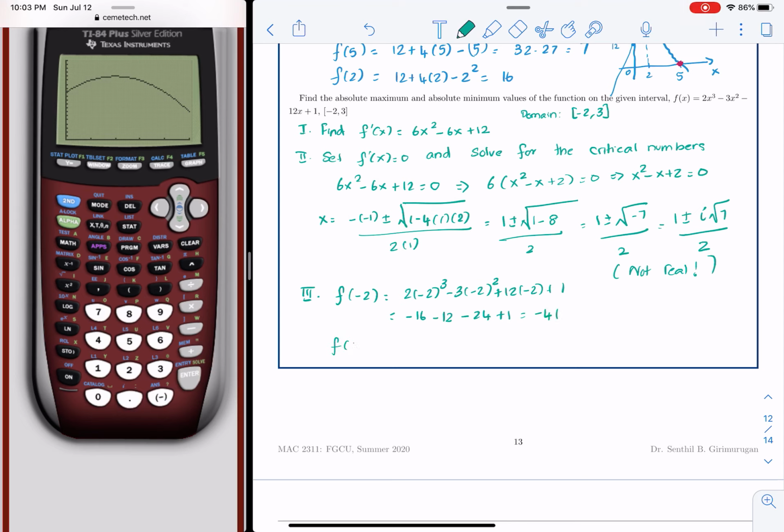And f of 3, the other endpoint, is 2 times 3 cubed minus 3 times 3 squared plus 12 times 3 plus 1, 54 minus 27 plus 36 plus 1, and that is 64.